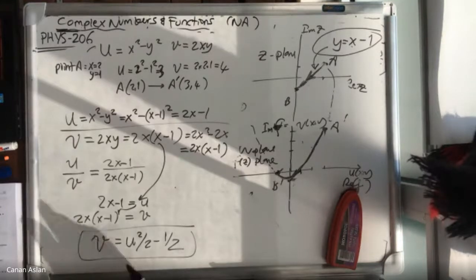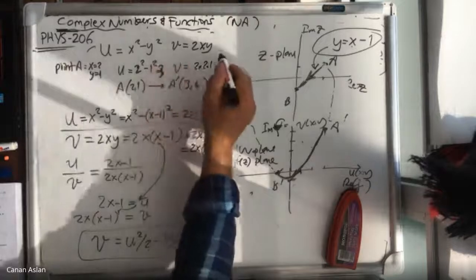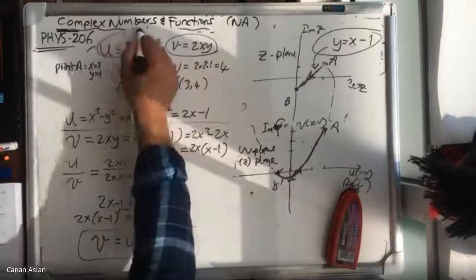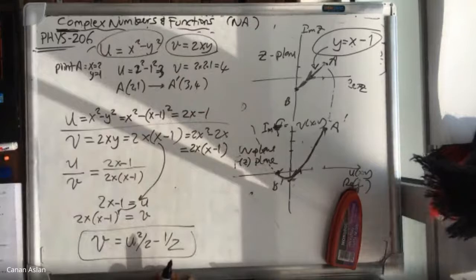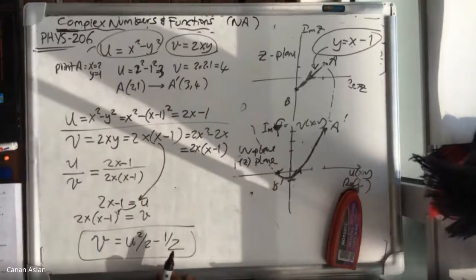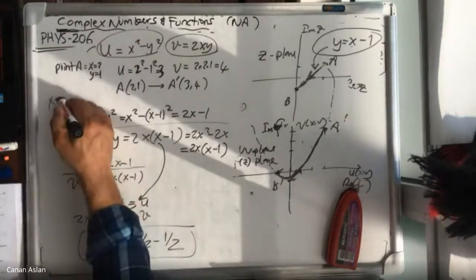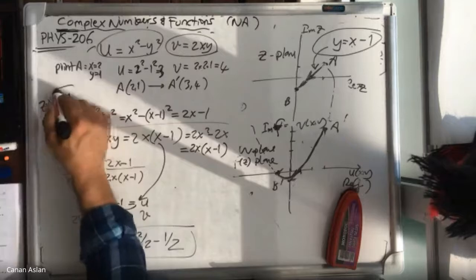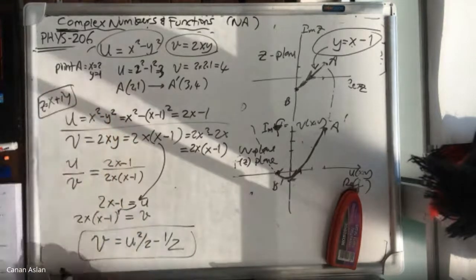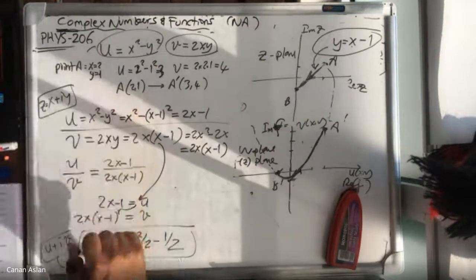Now we have the complex plane for u and v given by these equations. This x plus iy, which is z, is given by that, and u plus iv is given by this system.